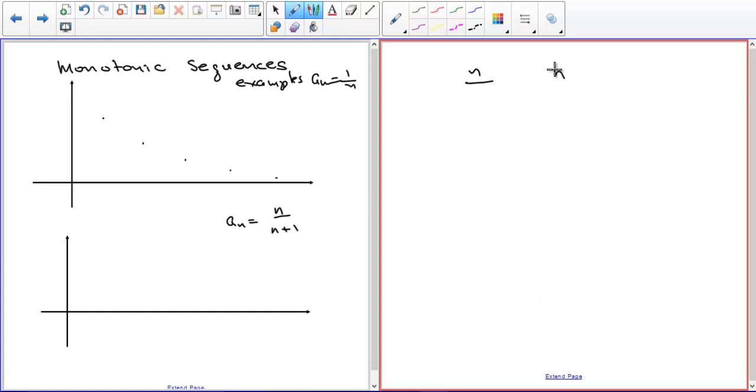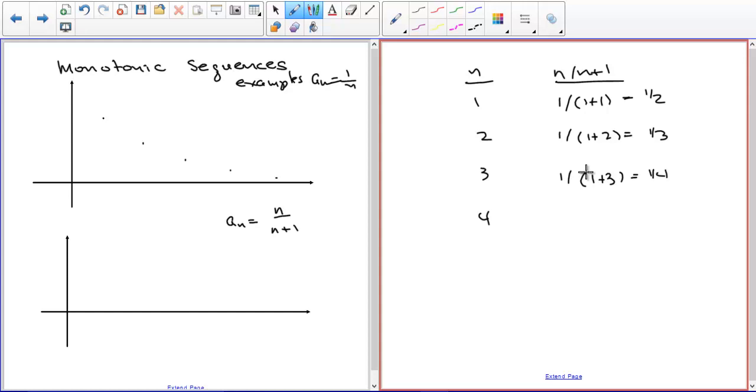So there's n, here's n over n plus 1. So you have 1, 2, 3, 4. You'll have 1 divided by 1 plus 1, so that's a half. Then you get 1 over 1 plus 2, which is a third. And then 1 over 1 plus 3, which is a fourth, etc. 1 over 1 plus 4, which is a fifth.